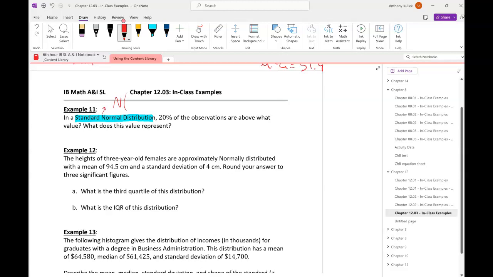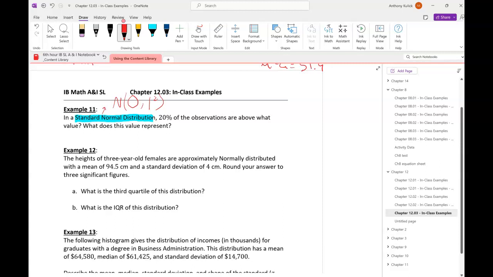That's what it's telling you. The mean is 0. Standard deviation is 1. Okay, so when we say standard normal, that just tells us the mean and the standard deviation for our distribution.